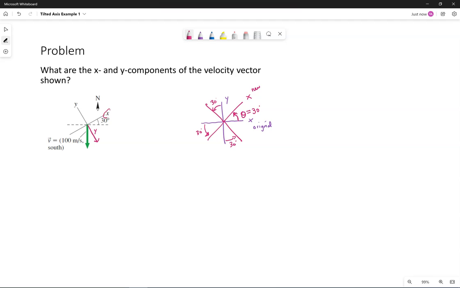To draw the x component of the velocity vector, I need to draw from where I just ended y over to the vector itself, the velocity vector.